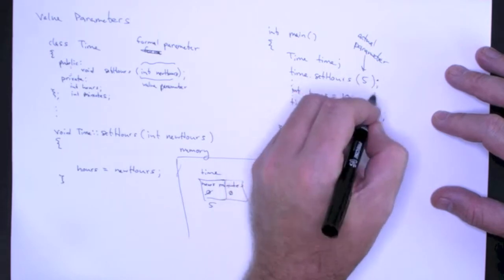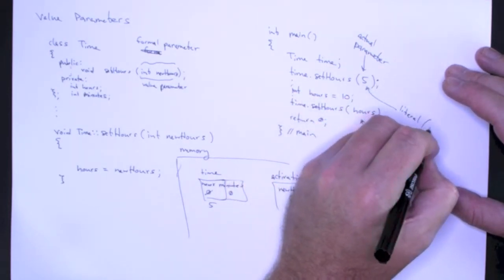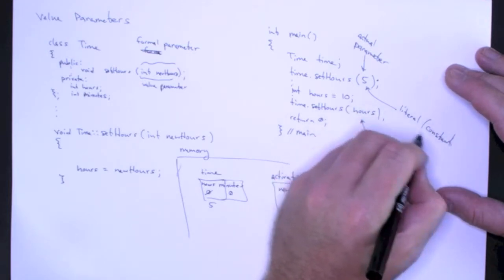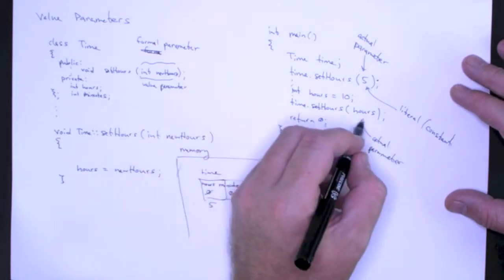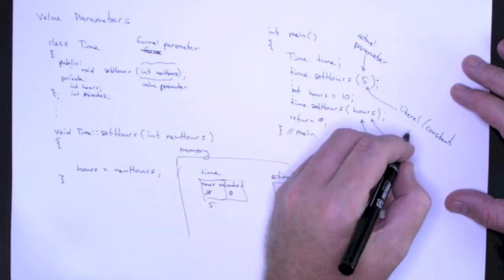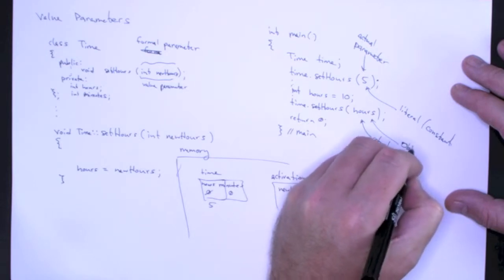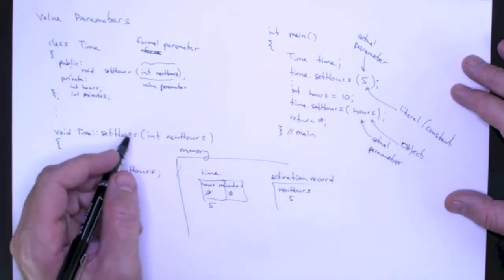But notice I can pass in a literal. Some people call this a constant. I usually call it a literal just to differentiate it from a constant object. And here I'm passing in a variable object. And in fact, you can pass in any object here. It could be a constant object, it could be a variable object, it could be a literal.